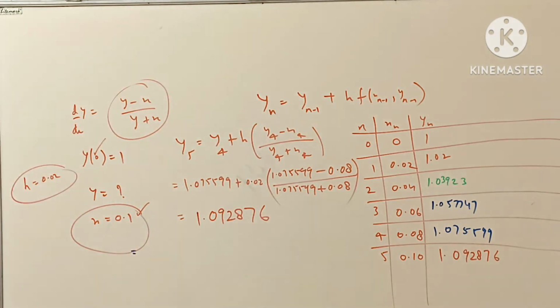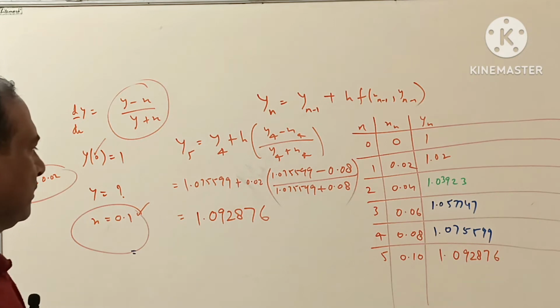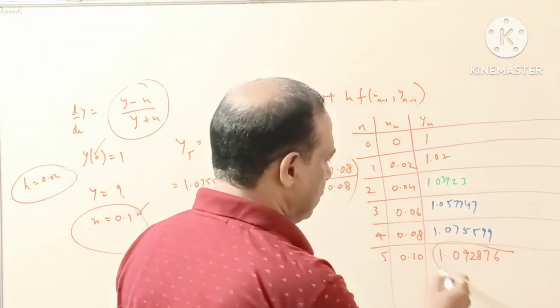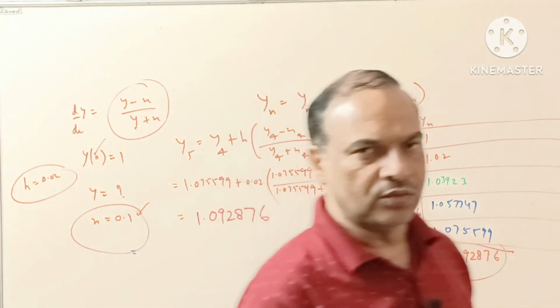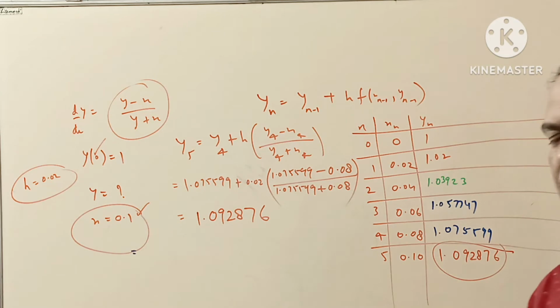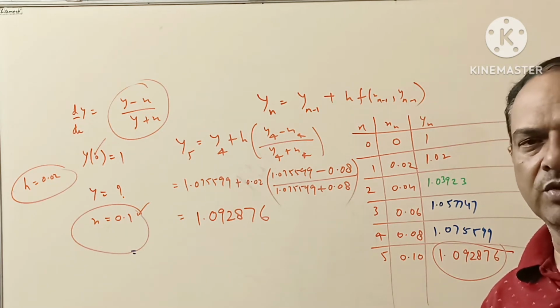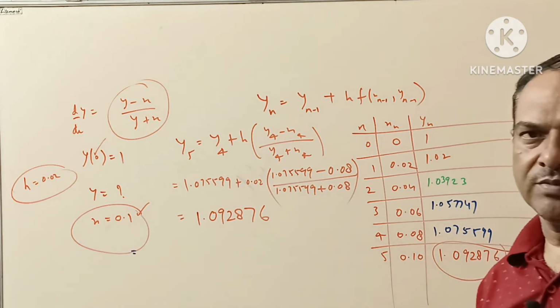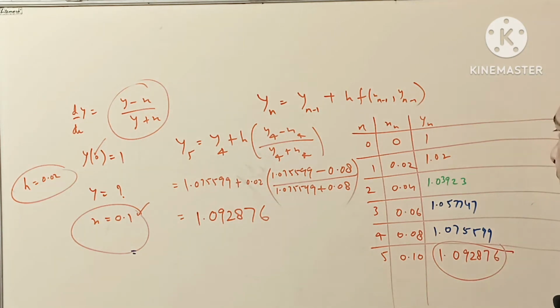What it means is that you have the corresponding value for x equal to 0.10. The value of y will be 1.092876. This is the required value. And this way you can do Euler's method. You can use the Euler method to solve differential equations which we are otherwise not able to solve.